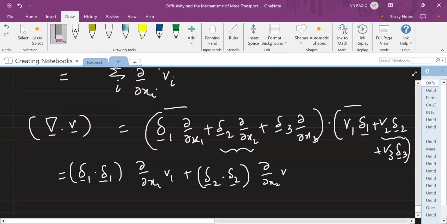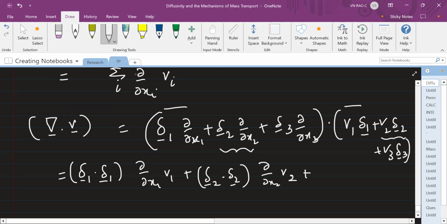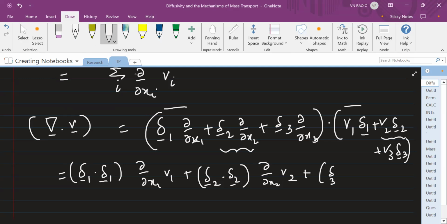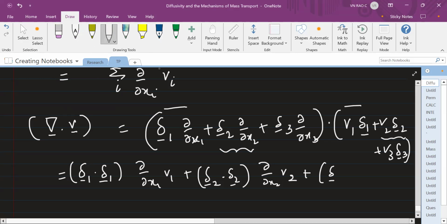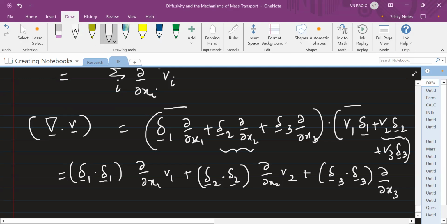Plus delta 3 dot delta 3 becomes dou by dou x3 v3.